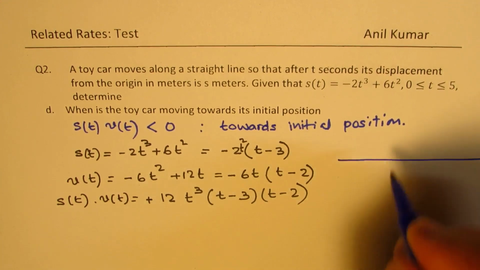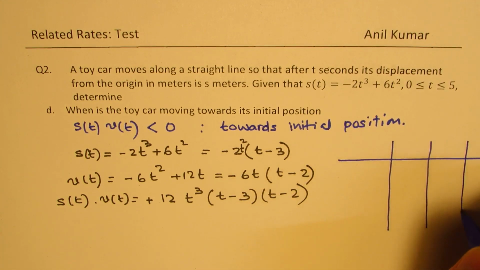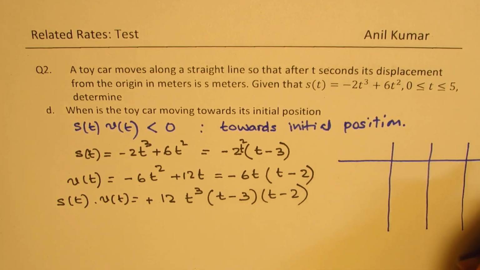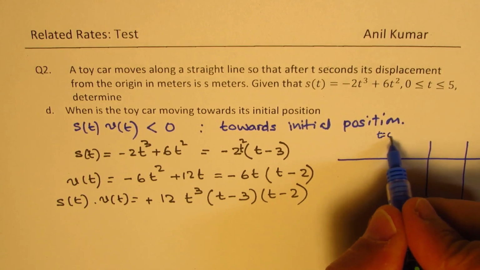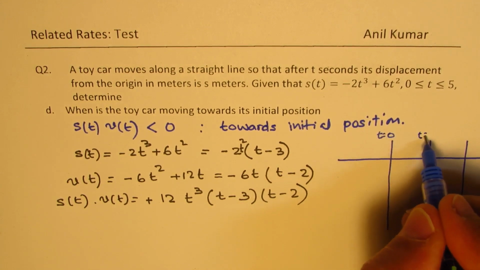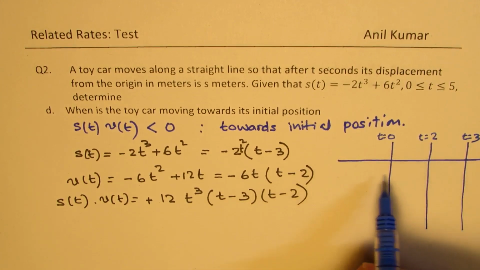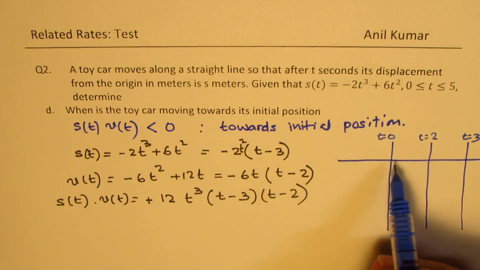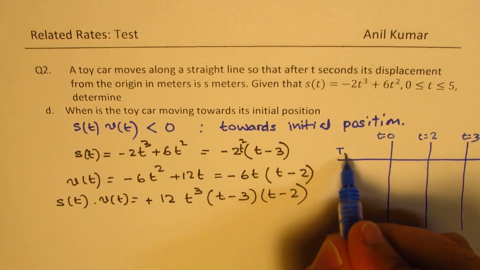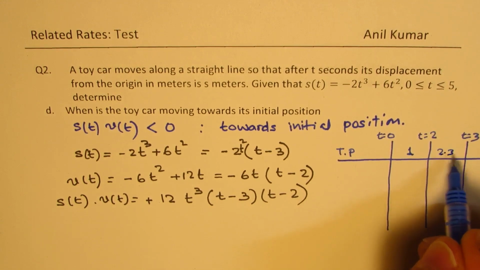So we'll make a table of values to test. You could also use a graph to figure this solution. So here we have t equal to 0, t equal to 2 and t equal to 3. So let's take a test point on either side. So we are only worried about the right side. So test points could be 1, 2.5 and let's say 4.